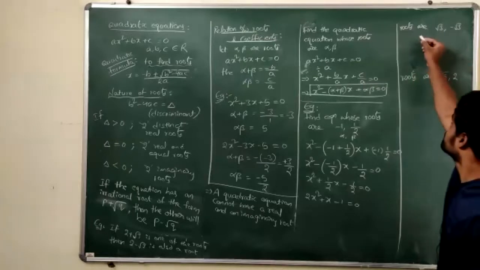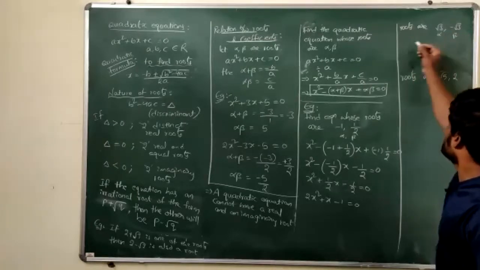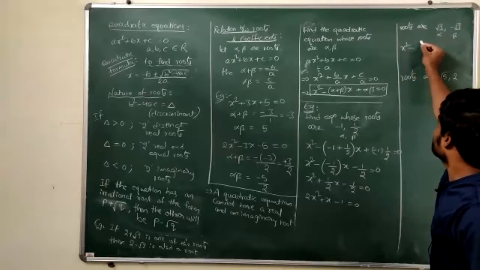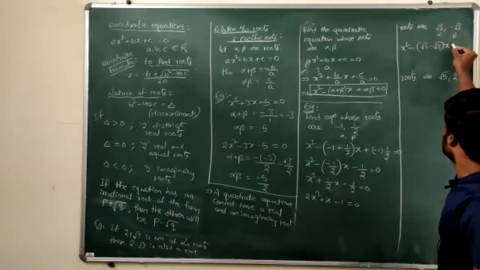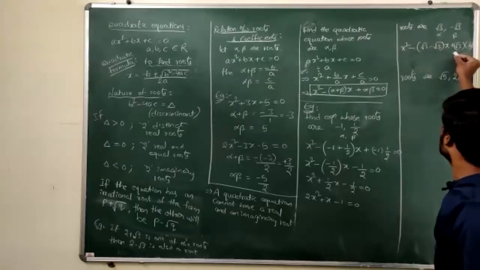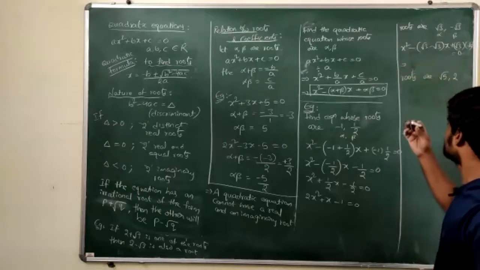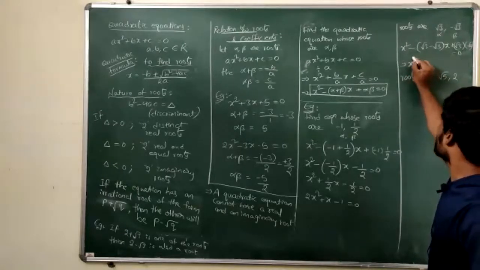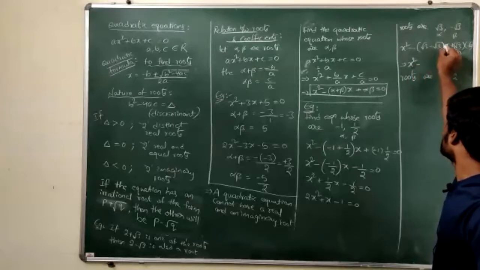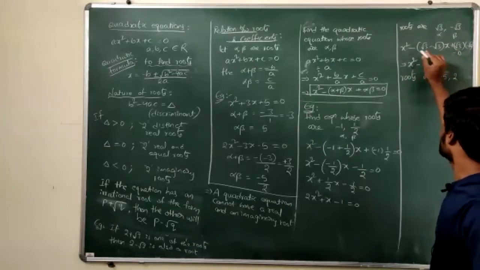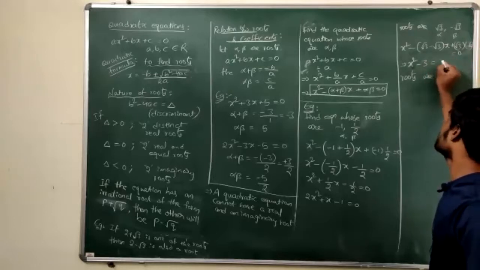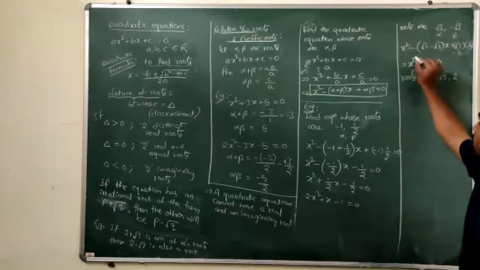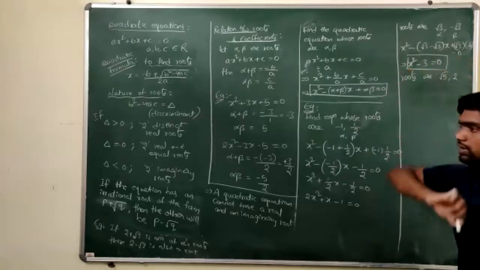For these two, alpha, beta: x square minus of root 3 minus root 3 of x plus root 3 into minus root 3 is equal to 0. So x square minus 0x, so that is 0, minus root 3 into root 3 plus 3 is equal to 0. x square minus 3 is equal to 0.